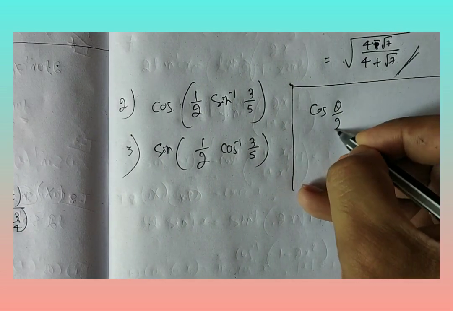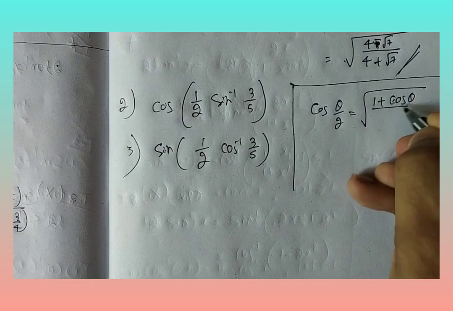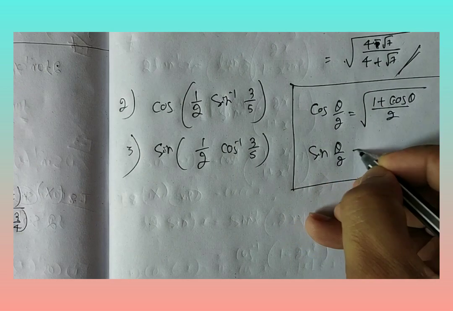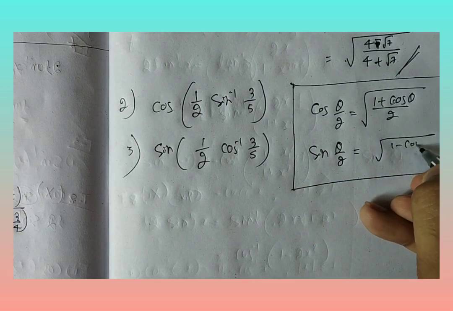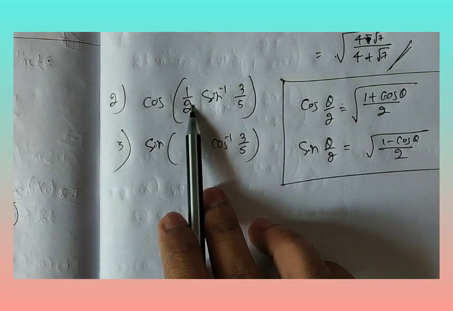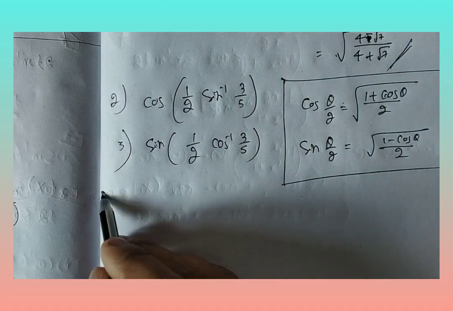Cos theta by 2 is equal to root over 1 plus cos theta by 2 and sin theta by 2 equals root over 1 minus cos theta by 2. This formula is applicable here and this formula will apply here. This is your homework.